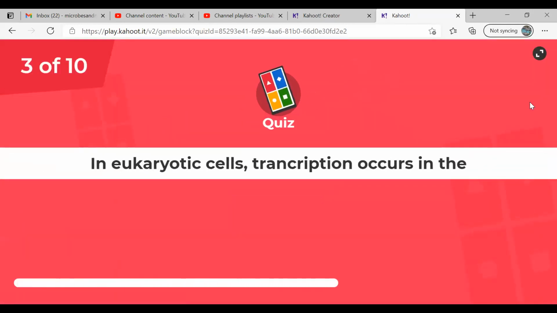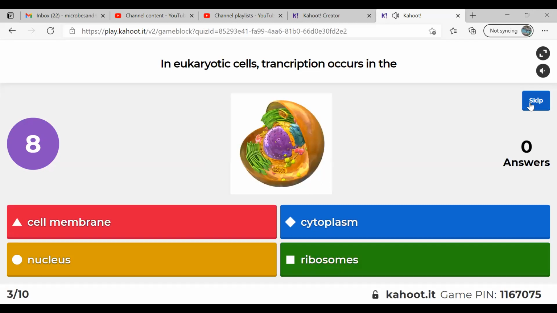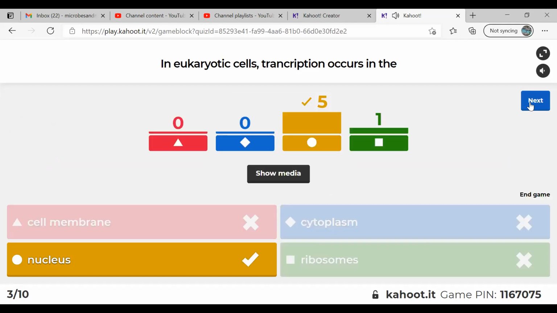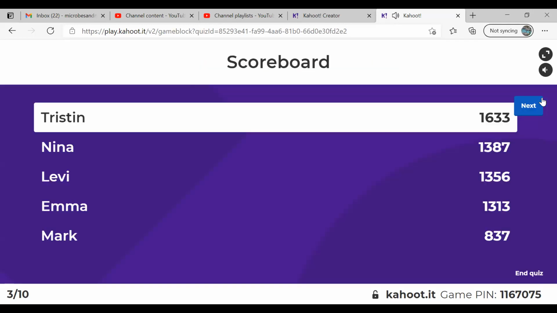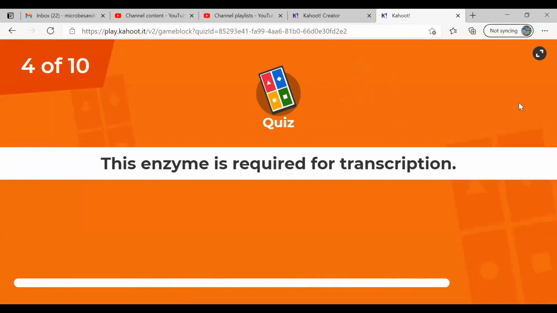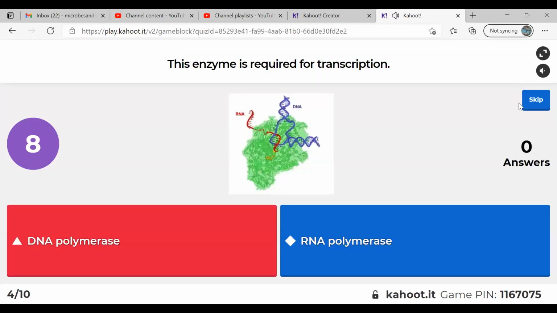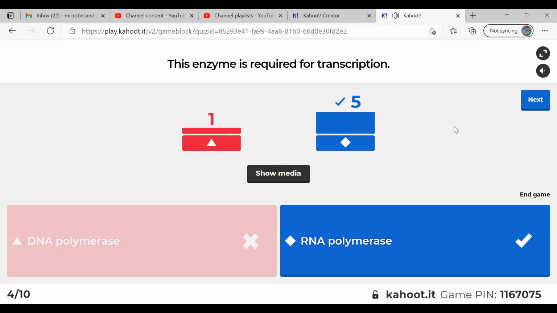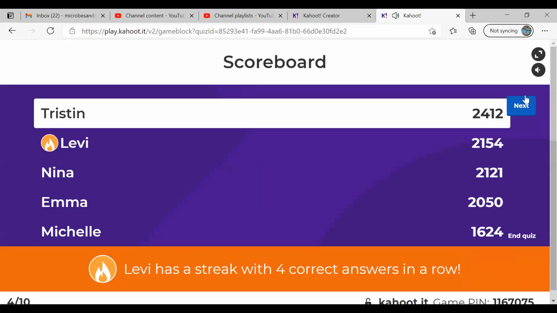Question 3. In eukaryotic cells, transcription occurs in the... Okay, correct answer is nucleus. So good job. Okay, I think they're going to get just a little bit harder here once we get to the halfway point. This enzyme is required for transcription. So correct, we're making RNA, so the enzyme is RNA polymerase.